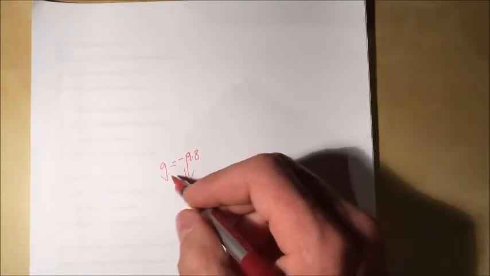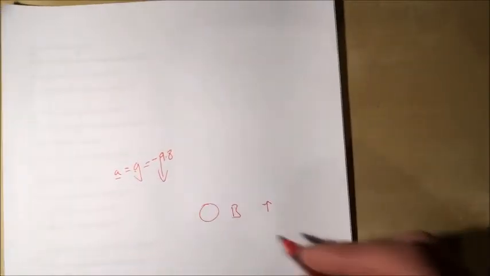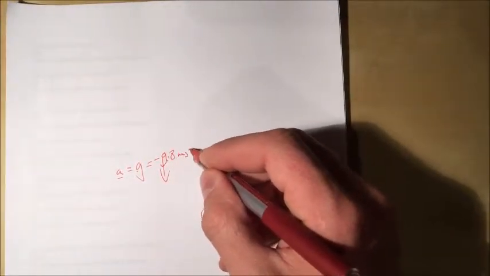So what we're going to do will look like this. We've got a particle B moving under gravity. Gravity's pulling down. Acceleration equals gravity, which equals minus 9.8 meters per second squared in that direction.